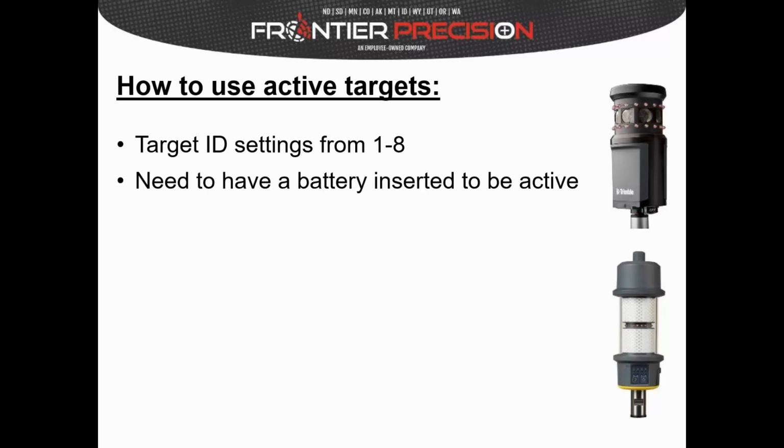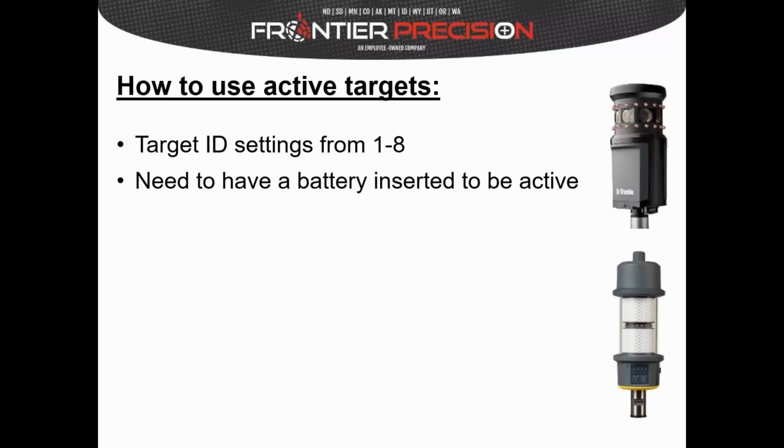In order for these to be on and active, we have to have a charged battery in them. So both of these two targets run off of the black lithium-ion batteries that we would put in, like an R8 style GPS receiver. One thing to be aware of, though, it's extremely important that you use only the Trimble branded batteries in these targets, especially in the MT1000.